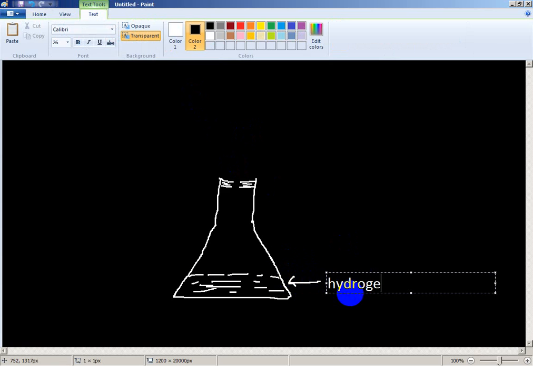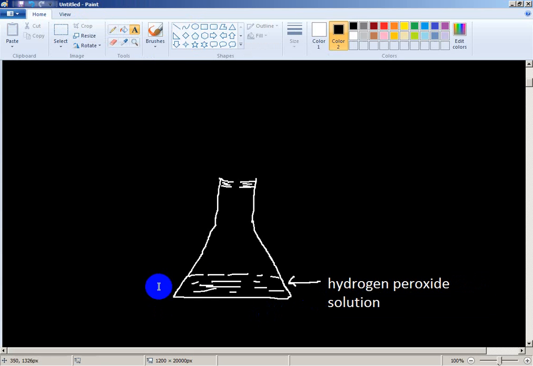Hydrogen peroxide solution and 0.5 gram copper oxide.